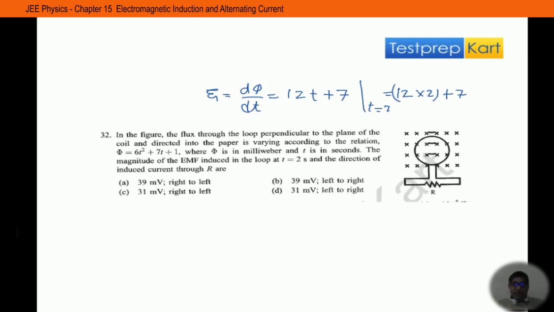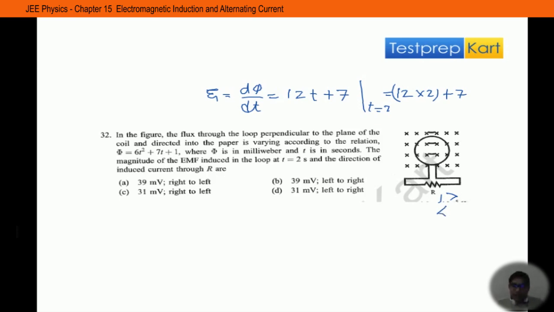Now next is the direction of induced current through the resistance which is connected externally to this coil. Okay. So look, there are two possibilities. Either current will move from left to right, or it moves from right to left.